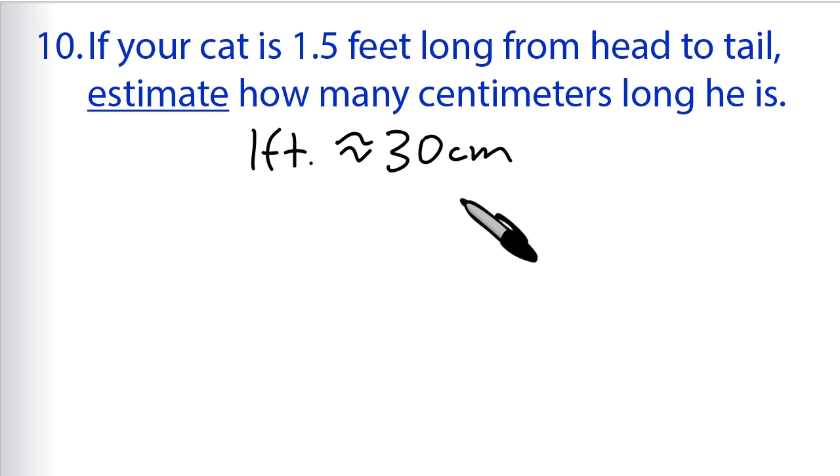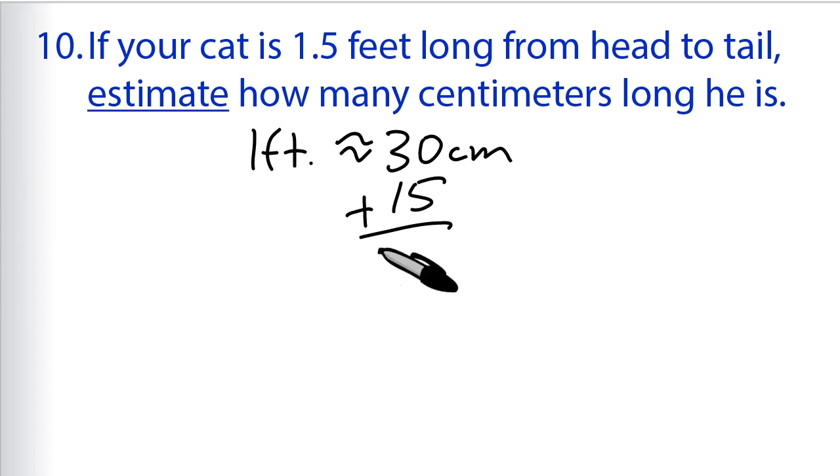And so we're going to use this estimate to estimate how long our cat is in centimeters. So if 1 foot is 30 centimeters, then 1.5 feet means that we'll take 30 centimeters and a half of 30 centimeters. And half of 30 centimeters is 15 centimeters. So add that up. And we have 45 centimeters is the estimate of how long our cat is from head to tail.